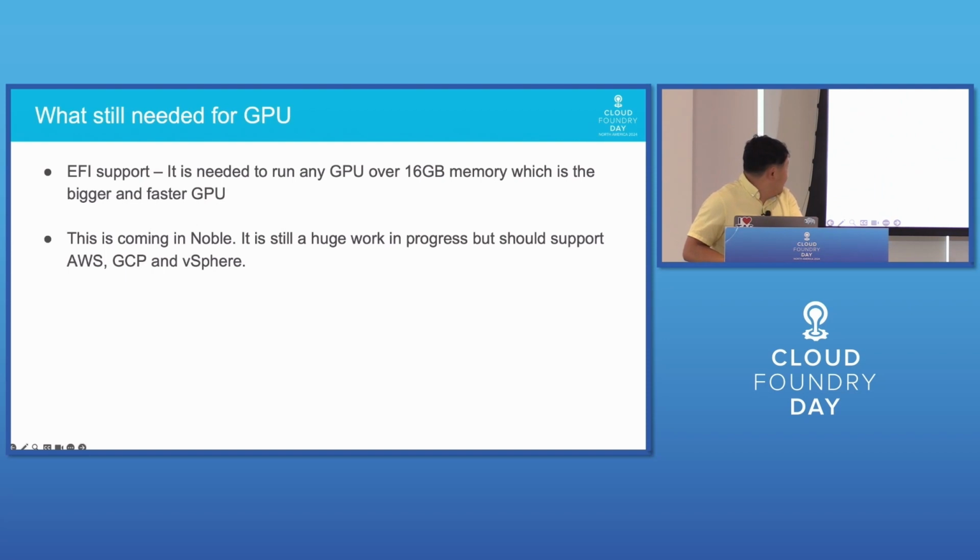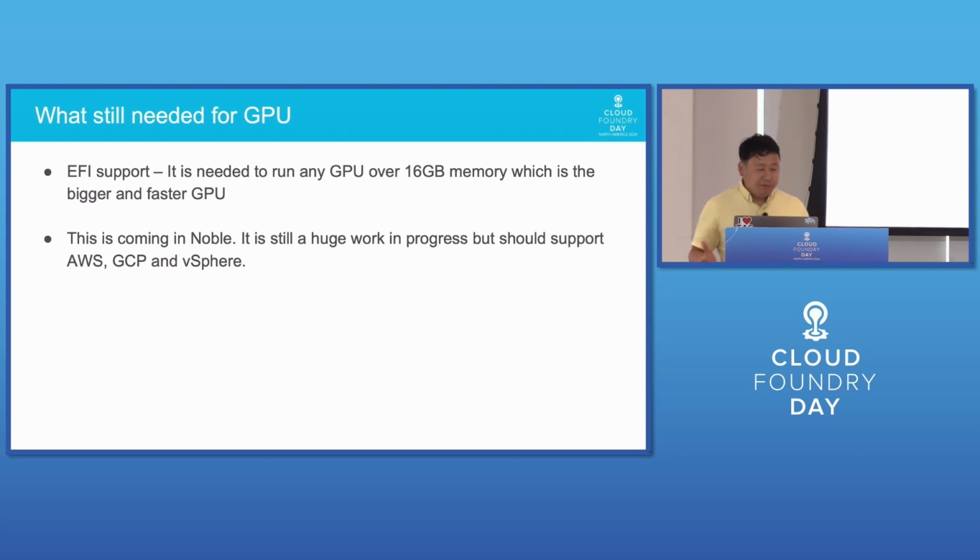Switch displays. Okay, so what's next needed on this? EFI support. Turns out the stemcells have been booting in this way called BIOS. We've always had BIOS boot on our stemcells, but as new GPUs come out, any GPUs that support over 16 gigs need EFI support.